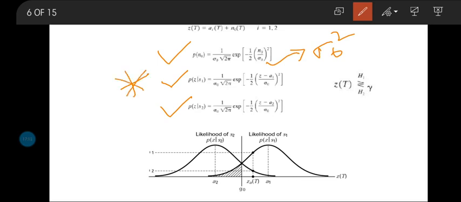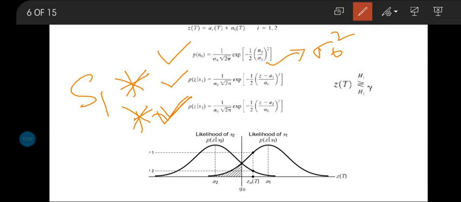It illustrates the probability density function of the random variable z(T), given that symbol S1 was transmitted. Similarly, the other one gives us the likelihood of S2. Likelihood refers to occurrence, what is most likely to occur. This is the PDF of z(T), given that symbol S2 was transmitted.